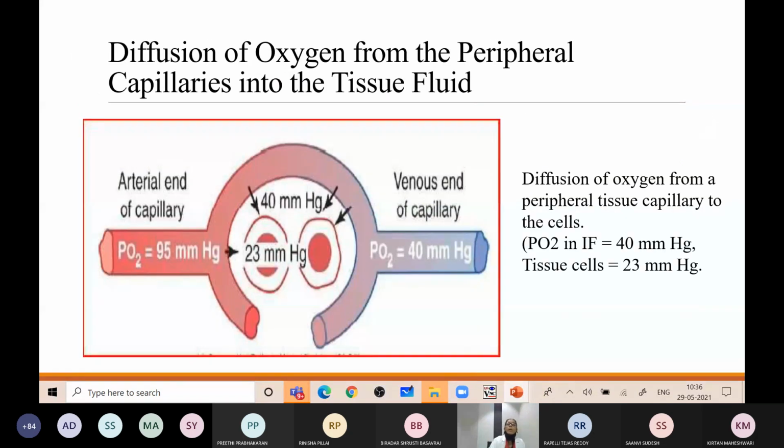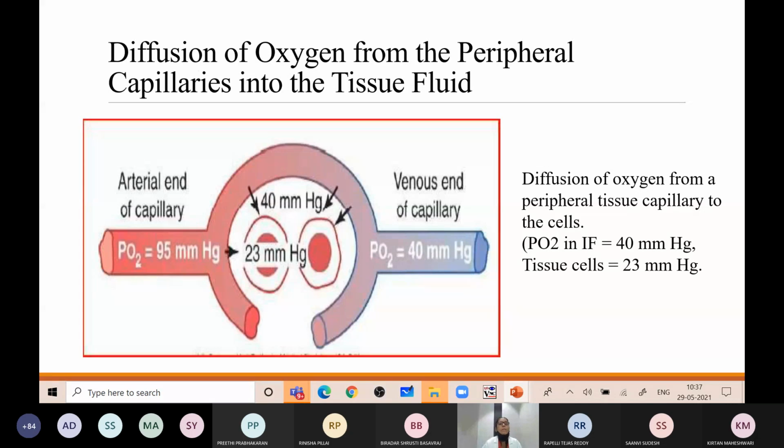Next, coming on to the diffusion of oxygen from the peripheral capillaries into the tissue fluids. In the tissue, PO2 is around 23 mm of Hg. In case of the arterial end of the capillary, the PO2 is 95 mm of Hg, as you know already. So here the cells will take oxygen. The arterial capillary has a PO2 of 95 mm of Hg, and the cell has a PO2 of 40.